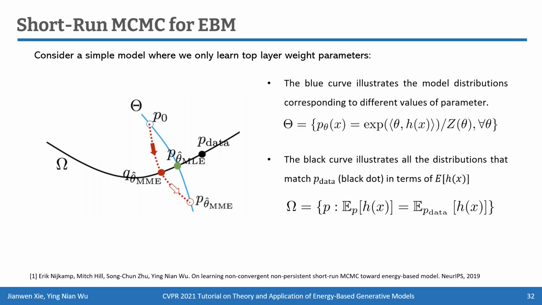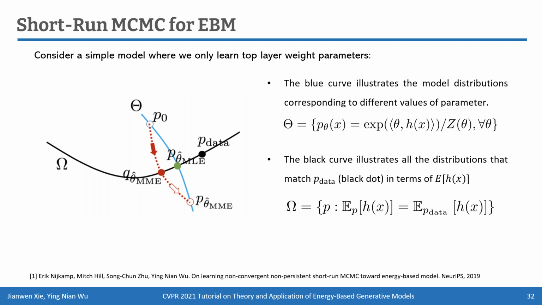The red dotted line shows the MCMC starting from p0 and running toward p with theta hat MME. MME means moment matching estimator. But the MCMC stops after k steps, reaching q with theta hat MME, which is the learned short-run MCMC generator.